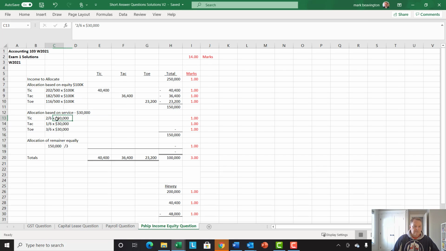So change that to 60 and 60, and then finally here 60. And those proportions, 2, 1, and 3. So there's 2/6, 1/6, and 3/6.